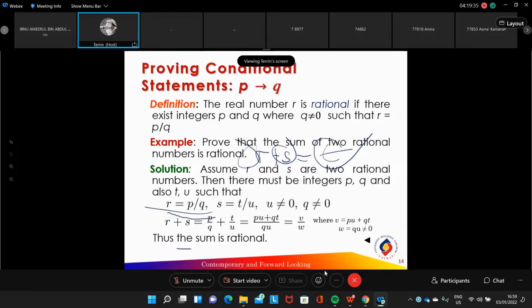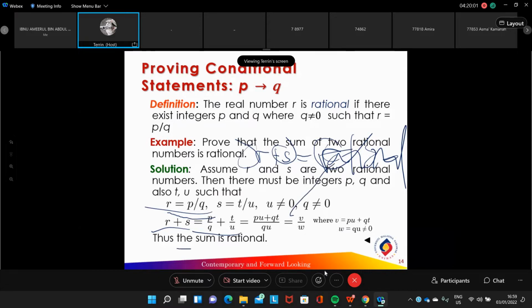Then you do a new one for s. Oh, we don't need to use t here. So we just call it a rational number, because they don't want that additional step, which is fine. So you just say that it has to be a rational number. So you have s as t over u. r plus s is the same as p over q plus t over u.